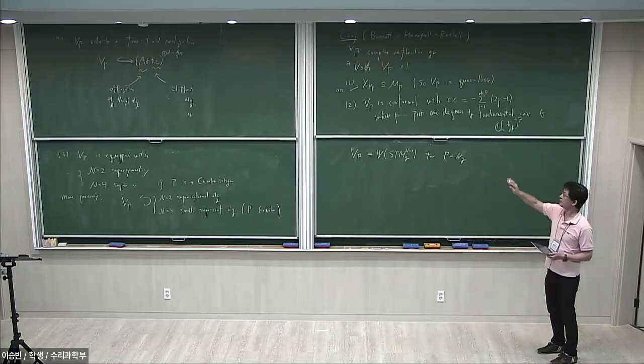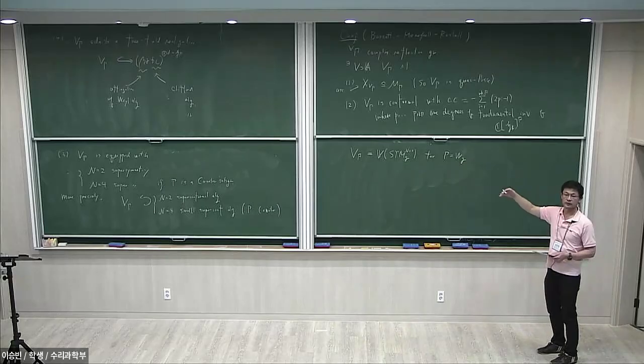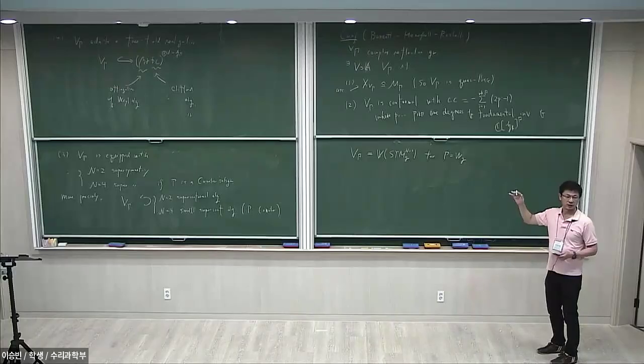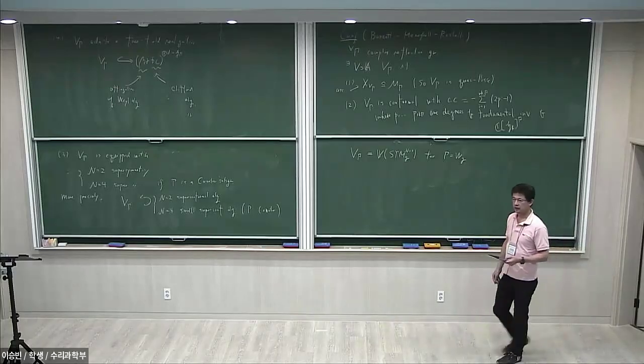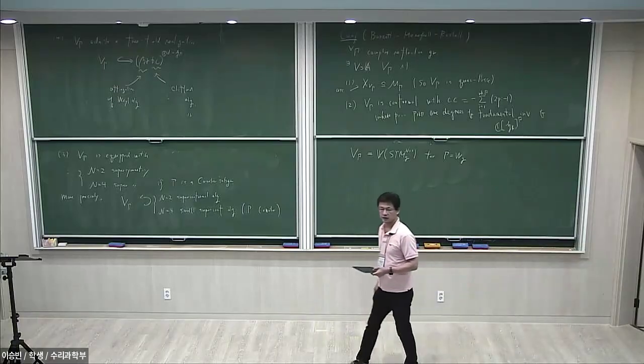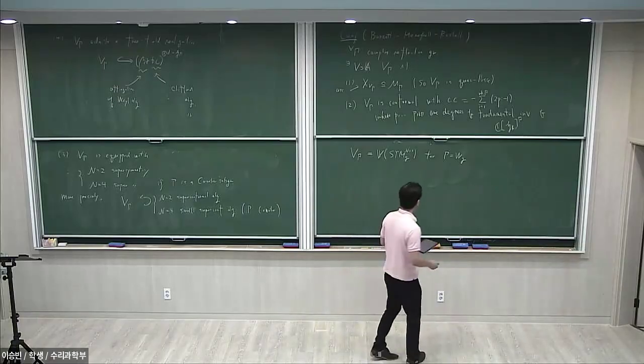But if you choose an arbitrary complex reflection group, there might not be a physical theory, but still they conjecture there exists a vertex algebra satisfying the same property.